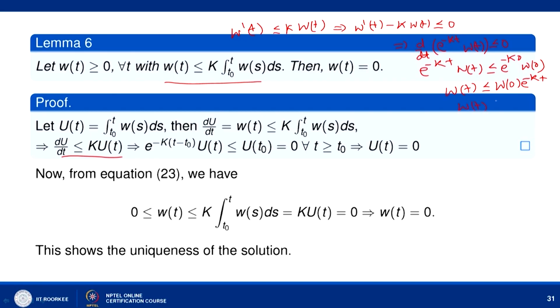So we can say that w(t) is less than or equal to 0, and we are done, right.